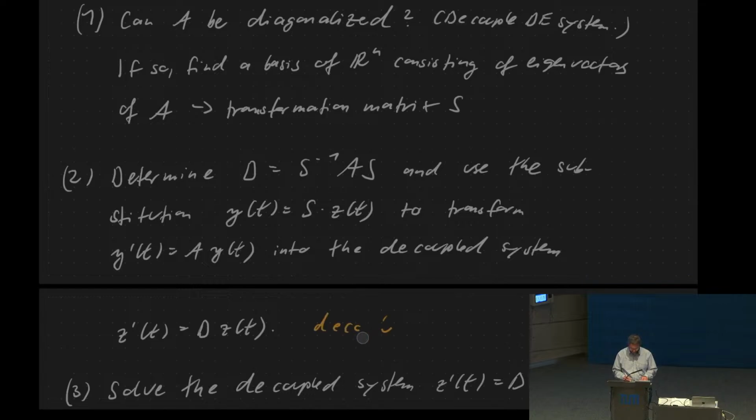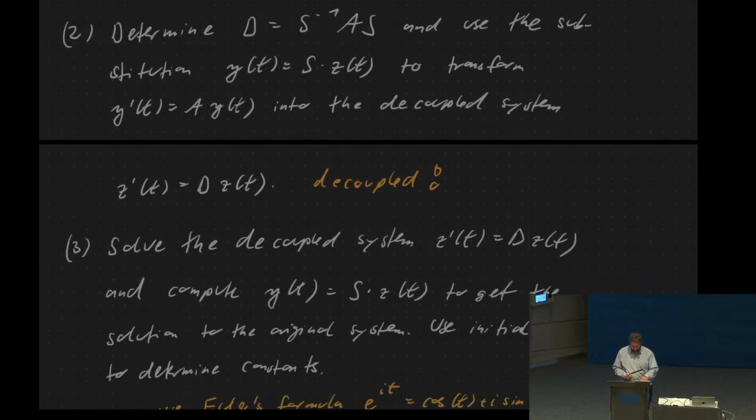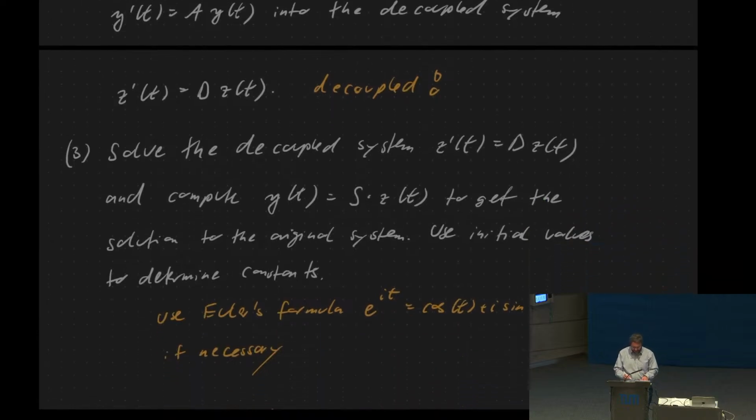We can easily solve that, just solving each line on its own. Once we have that, we use this substitution to transform our decoupled solution back into the original function space. That's how we get the solution to the original system.